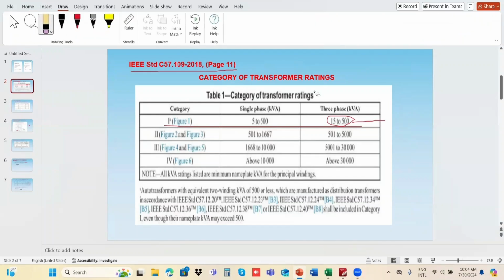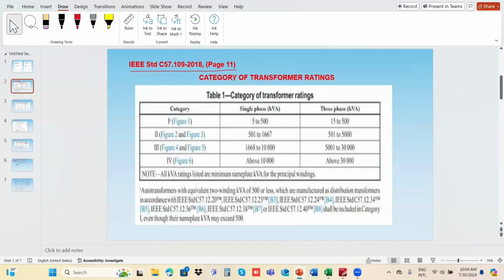This is on page 11, because here we are using the oil type or the liquid immersed. So the standard is IEEE standard C57.109-2018.